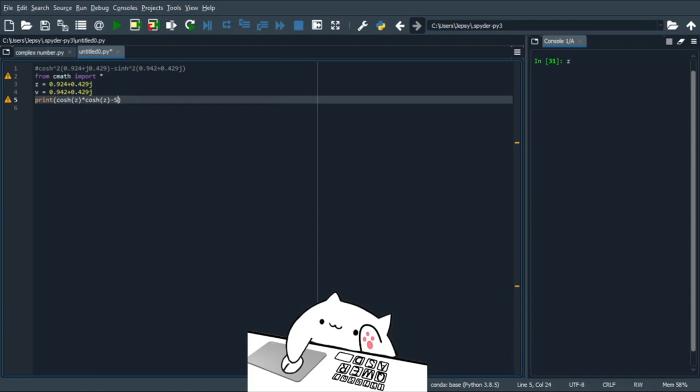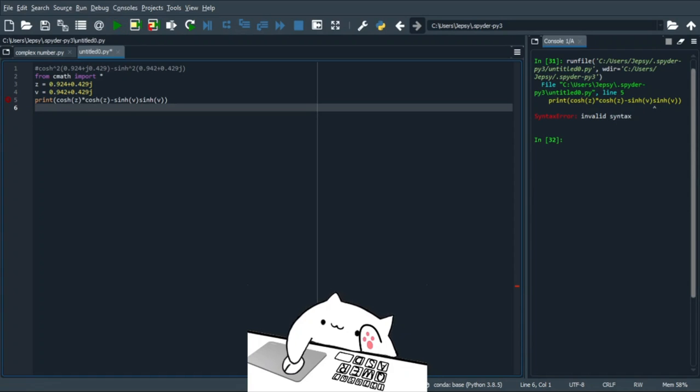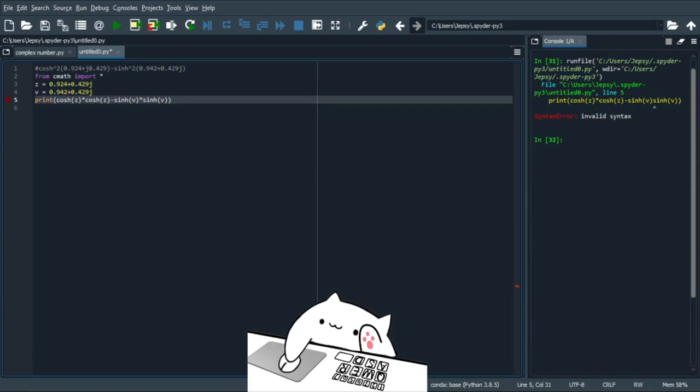Minus your sinh, and times your sinh, sorry, it should be sinh of your z, sinh z, and sinh of your v. Oh, this is your v. Then you close. I'm just going to see how this works. And invalid. Oh, sorry. Let's put it here.